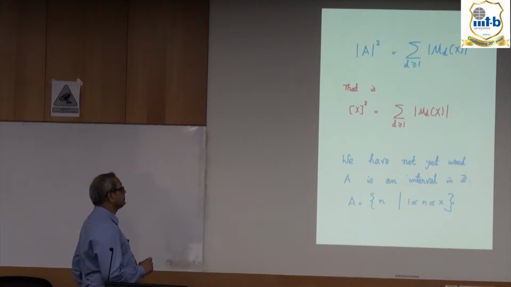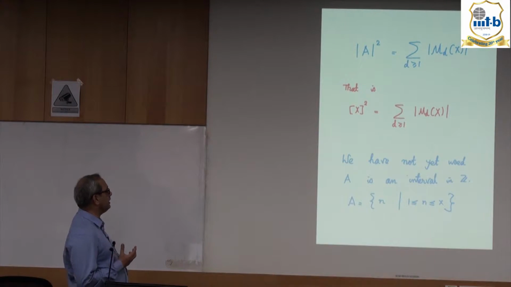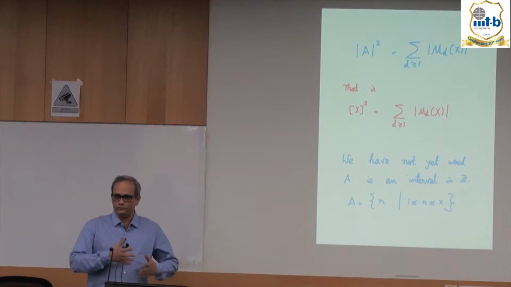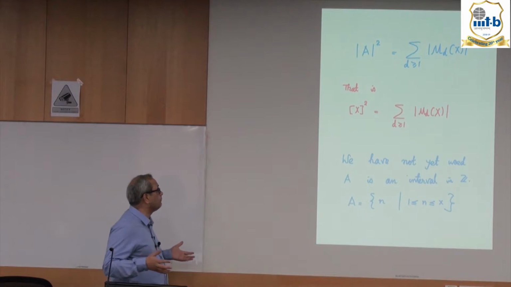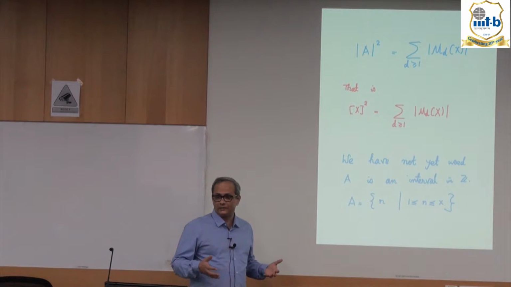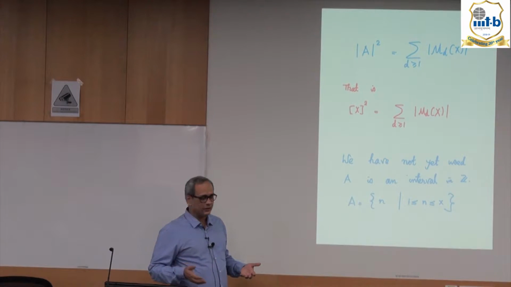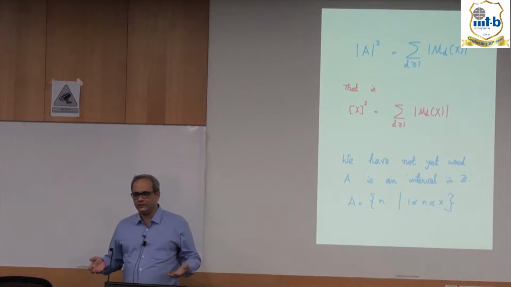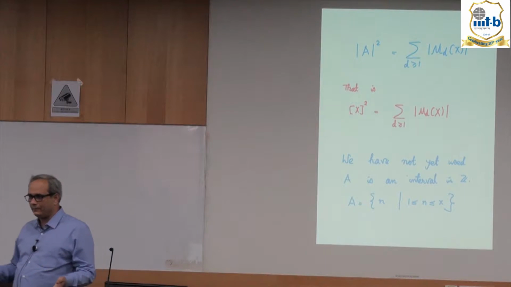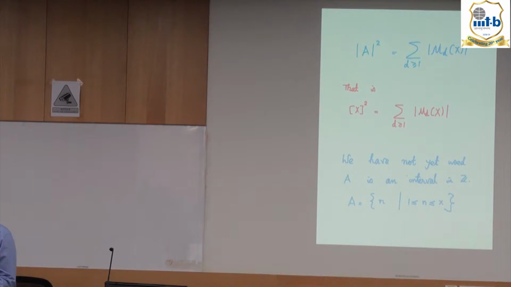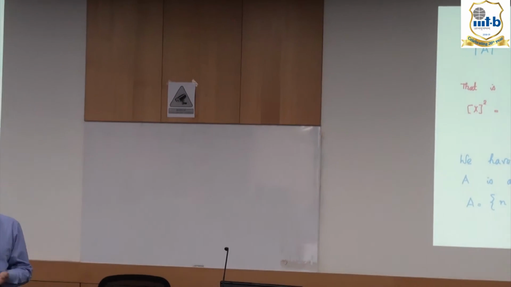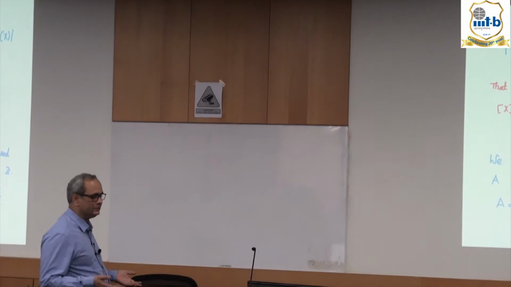The next step is to note that these sets M_d(x) form a partition of the set of all pairs, A cross A. You take the pairs in A cross A, any pair will have some GCD and therefore will fall into some M_d(x), and no two of them have an intersection, because they are separated by their GCDs.